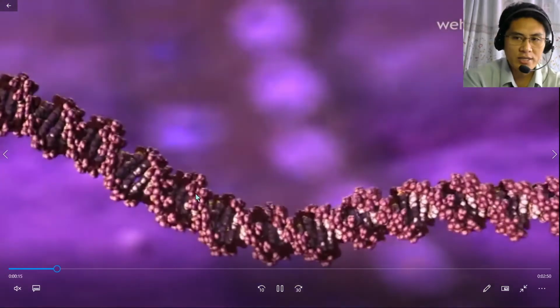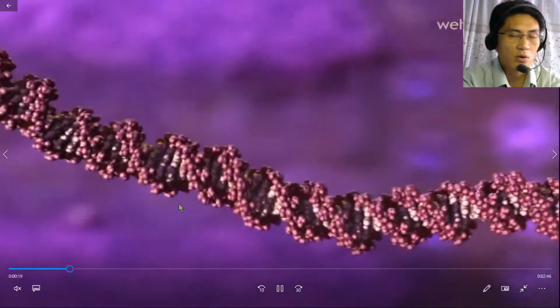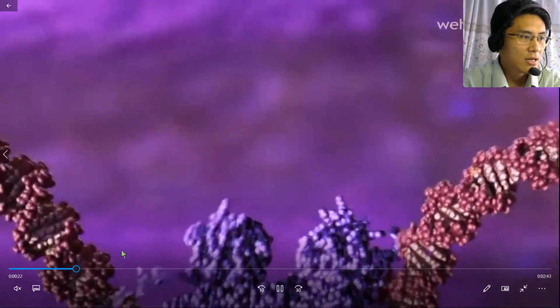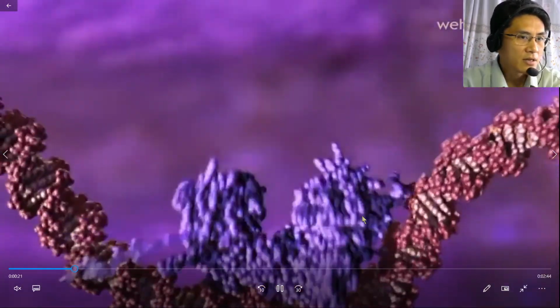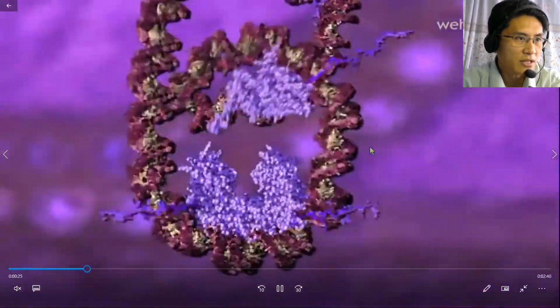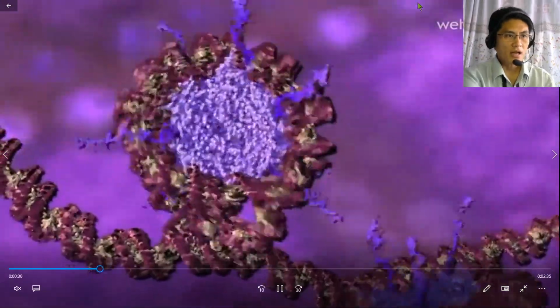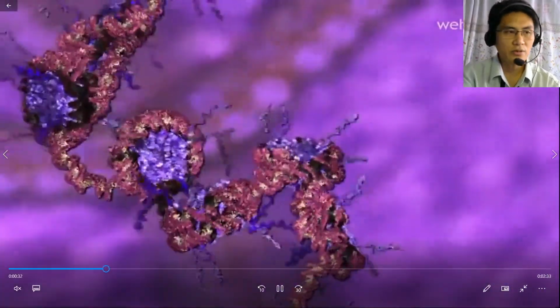So if you can see, it's not squares and lines anymore, because these are realistic, molecule atom by atom representations. So if you can see, that's the DNA, and the DNA attaches to certain proteins called histones.